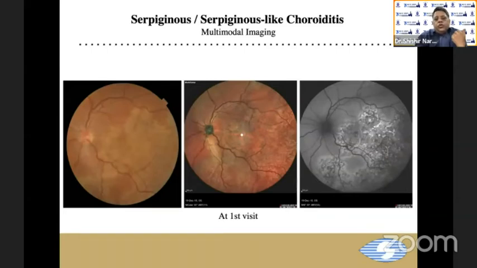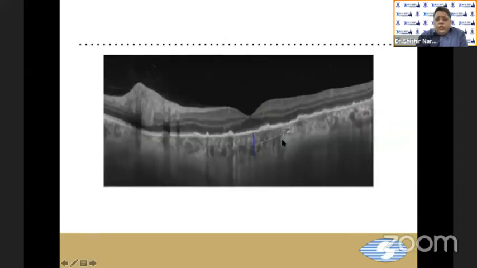Now, when we come to serpiginous-like choroiditis or serpiginous choroiditis, which is very common in the Indian subcontinent, you see here a large lesion that is involving the posterior pole, and you can see the autofluorescence that is helping you to see the active edge. When you do the spectral domain OCT, you can see a localized area of inflammation that is very classically seen here.